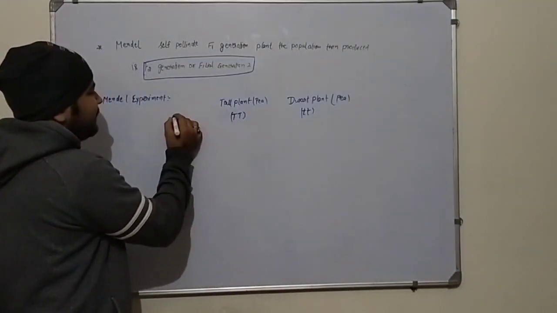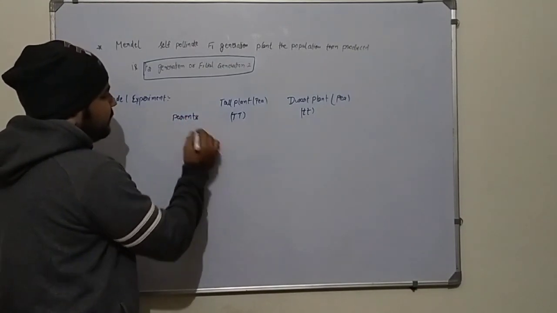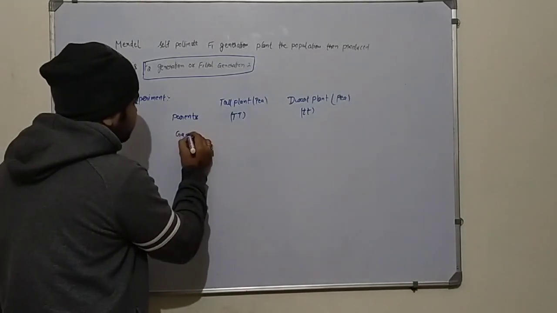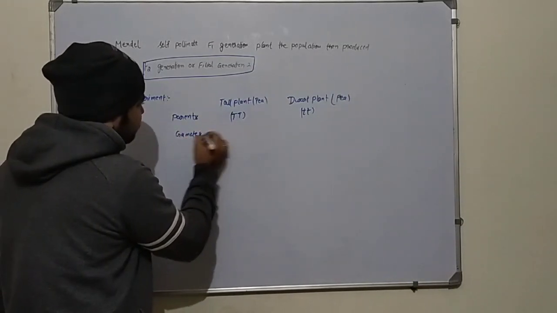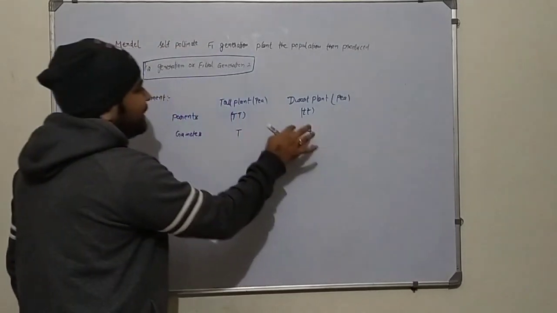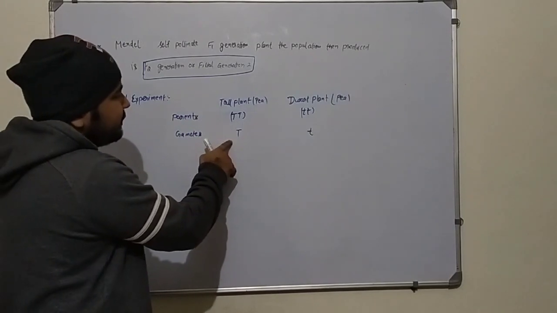These are the parent plants. If these parents produce gametes, these are the gametes which are produced by both plants.